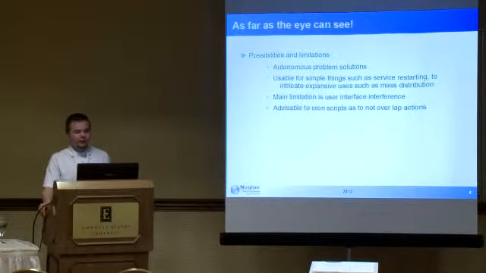The main limitation as far as AutoIT goes, which is what I'm going to be showing here, is interface interference. So AutoIT captures just about anything you can do on your desktop. It's primarily for Windows. There have been some basic ports to Linux, but it is kind of difficult to get it working.